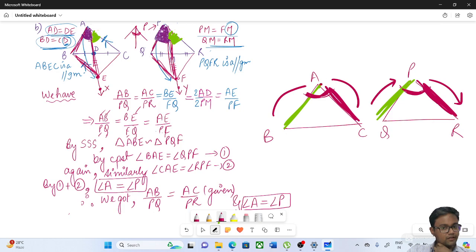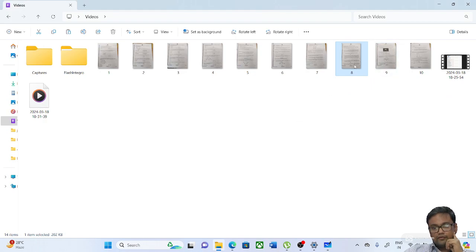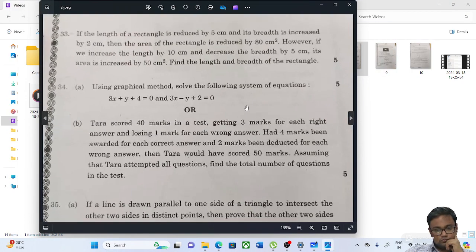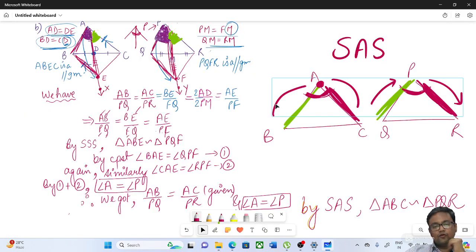It should be the common vertex angle, the common vertex of both sides, okay. Only then which criterion applies, children? The side angle side similarity criterion. By side angle side similarity I can get triangle ABC similar to triangle PQR. That is what was required from you. You have done the paper, not me. I am doing it over here, right? So this is how we have got the answer.